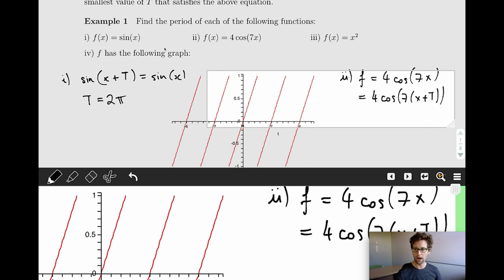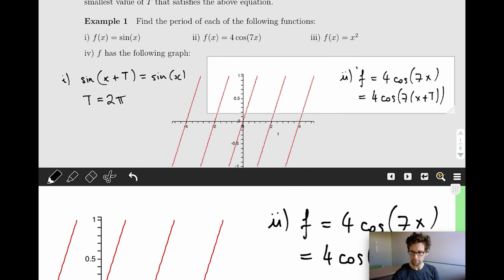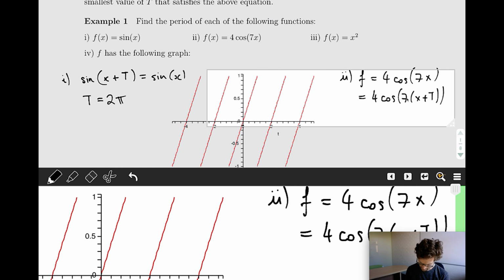Now notice there that I shifted x, I just replaced it by x + T. I didn't just add T in here. I had to shift x by x + T. And so that 7 is also multiplying the T. So I get that's equal to 4 cos(7x + 7T).